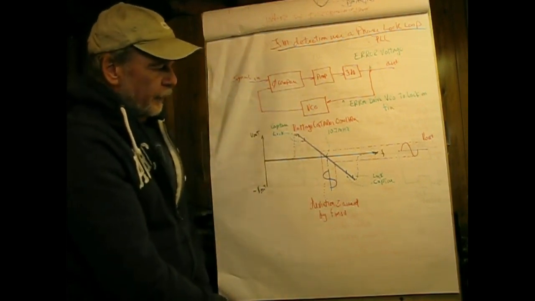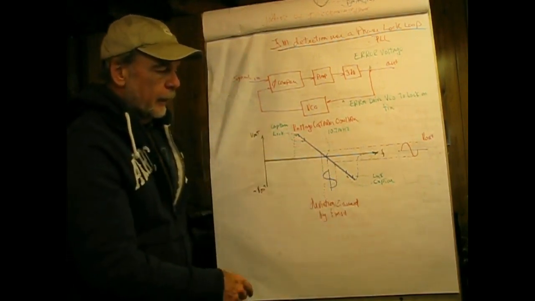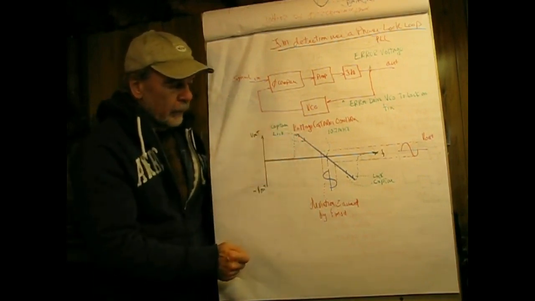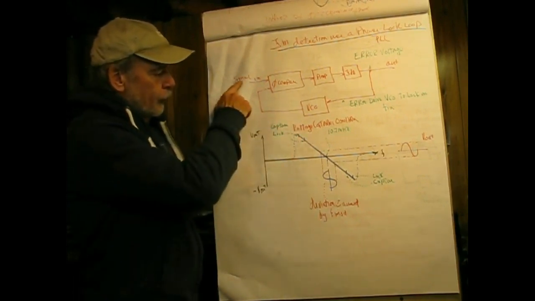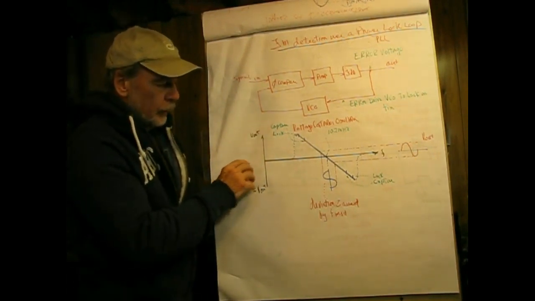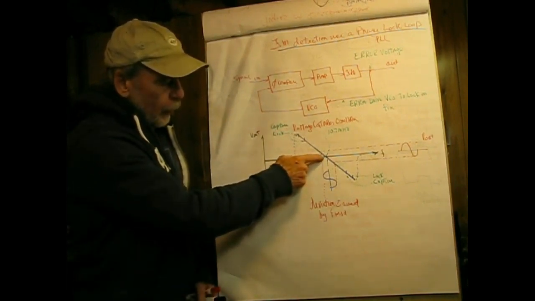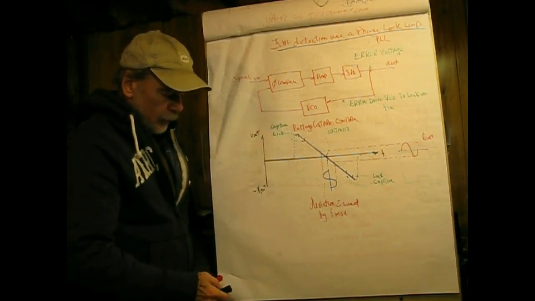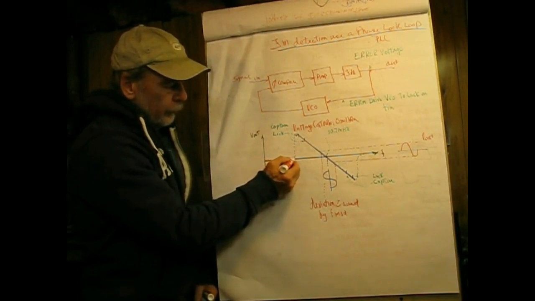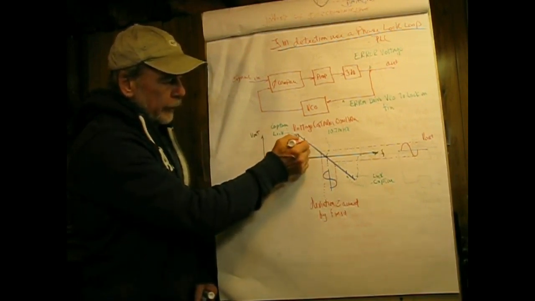So if we take a look at a phase lock loop, and here's the transfer function, I've drawn that as a straight line, and basically this is the linearity of the VCO. Now let us pretend that our signal in here is just going to be a signal generator, and I'm going to start to turn up the frequency on it, and here's 10.7 in the middle. So what's going to happen is that as I turn the frequency up, I'm going to get to a point here where it's going to capture.